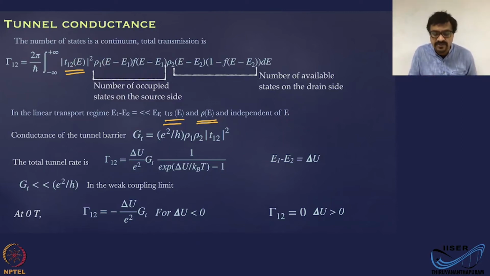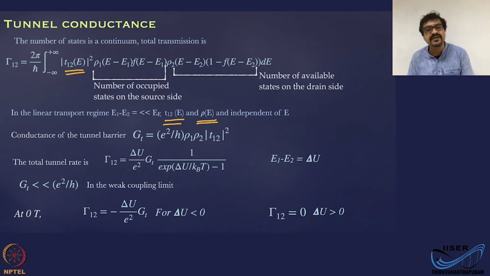Okay, so we can remove rho 1 and rho 2, both of which we have now assumed to be independent of energy, and the transmittivity T12. All these together, I'm going to assume that it's a conductor, a tunnel conductance GT. Okay. Now what we are left with is only Fermi functions inside the integral.